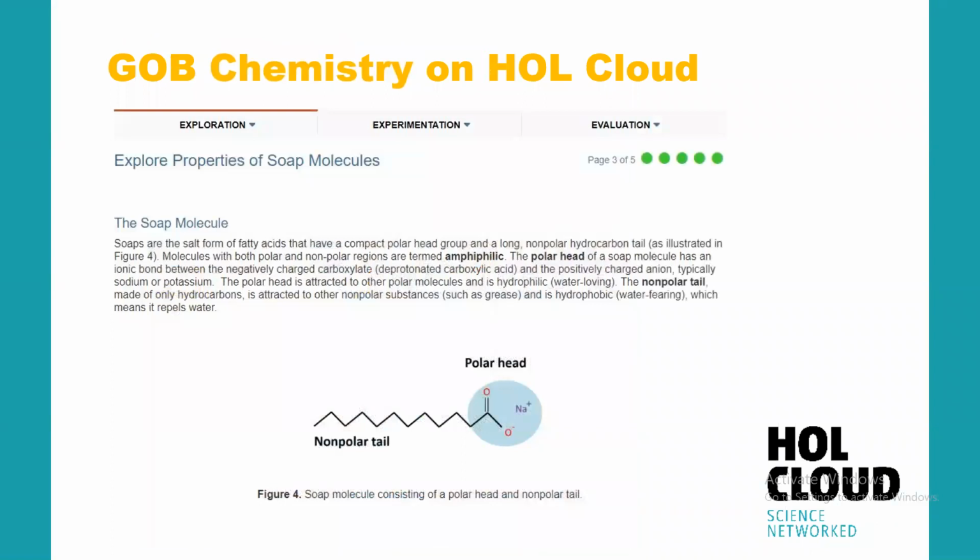Typically, what we've done is redesign the background, which is called our Explore section, for this GOB chemistry product. We have an exploration section for various topics that the student needs to complete the experiment.